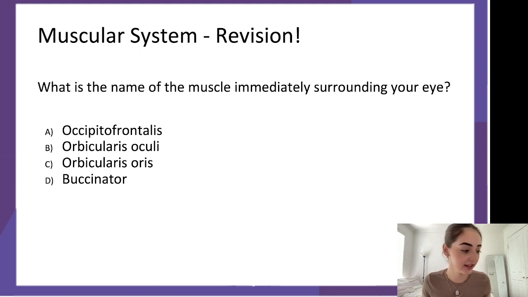The first question is, what is the name of the muscle immediately surrounding your eye? Occipitofrontalis, orbicularis oculi, orbicularis oris, or buccinator? Buccinator. There we go. Yeah, I've struggled with that word since I first studied it, because you would think it's ch, but it's s with the buccinator.